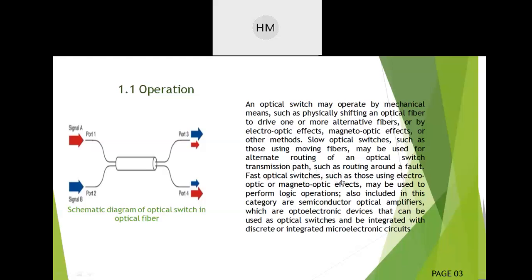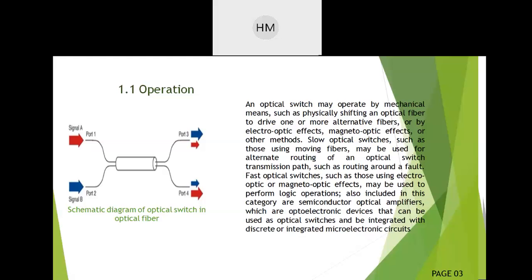Fast optical switches, such as those using electro-optic or magneto-optic effects, may be used to perform logic operations. Also included in this category are semiconductor optical amplifiers, which are optoelectronic devices that can be used as optical switches and be integrated with discrete or integrated microelectronic circuits.